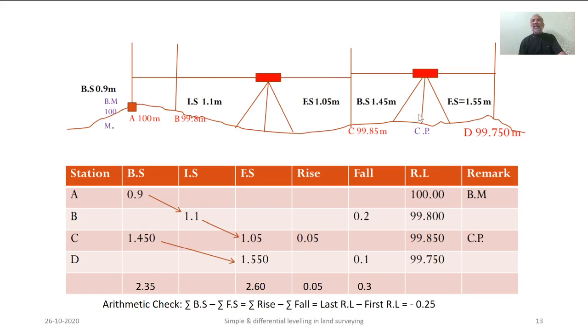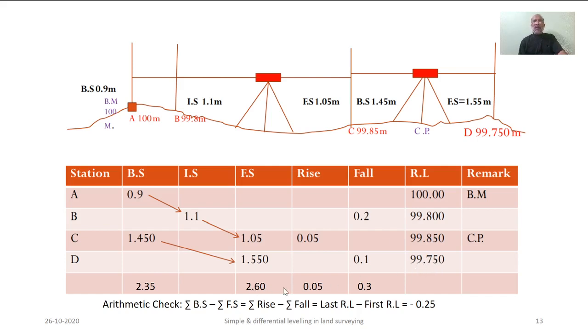Whereas, as we shifted the equipment and maintained our continuity by taking this particular foresight as well as backsight, we have taken the subsequent reading as 1.55. Hence, from the same setup, 1.45 and 1.55 are taken. So as we compare these, here we get a fall of 0.1 meter. Being a fall, it should be deducted from the previous RL. As such, the reduced level can be worked out as the computed value shown here.